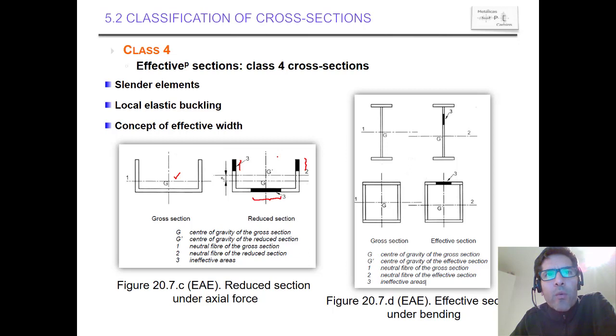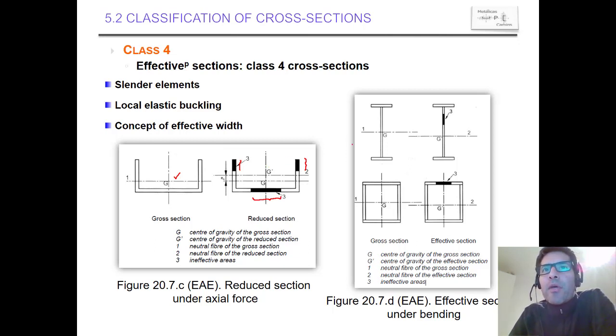And then the only thing we obtain now is the white parts, which have another neutral axis. There is a shift in the neutral axis, but also they have less area, they have less second moment of area, and they have less elastic modulus. Okay, this is a fictitious new section which is weaker than the original one.